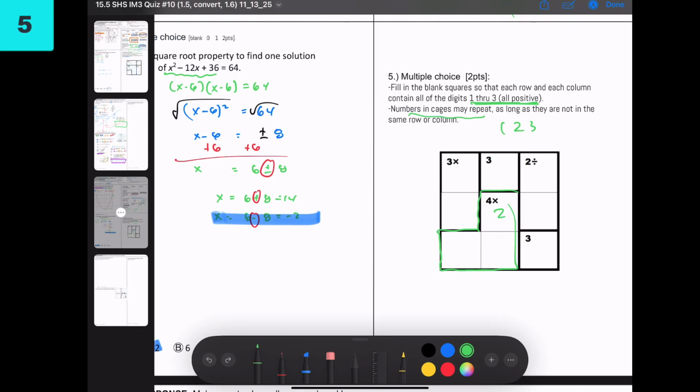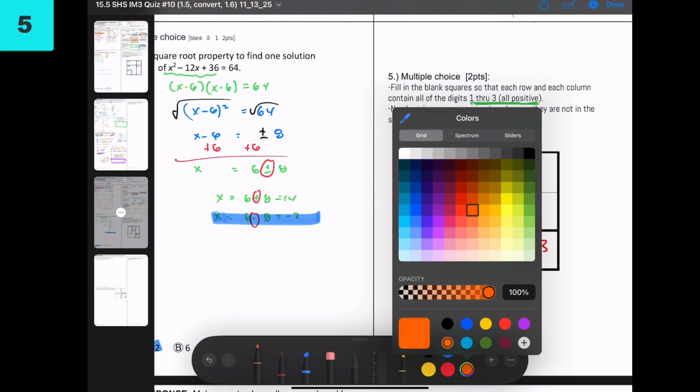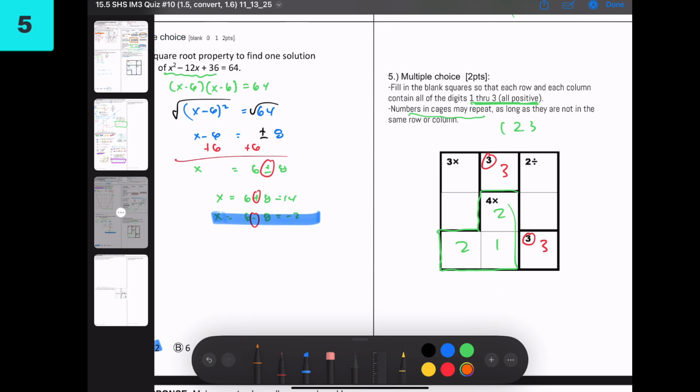So you can just move it over to be something like this. Now they're not repeating in a column or row. Look for your freebies. Those are easy. And 2 numbers that multiply to be 3: 1 and 3. And then the only number that you're missing over here is 2, and this one's 1. And those 2 numbers divide to be 2.